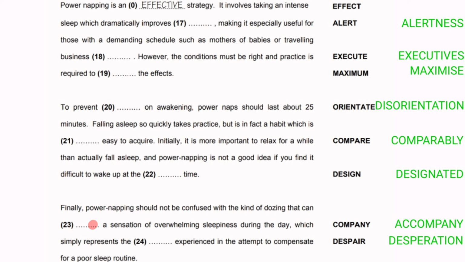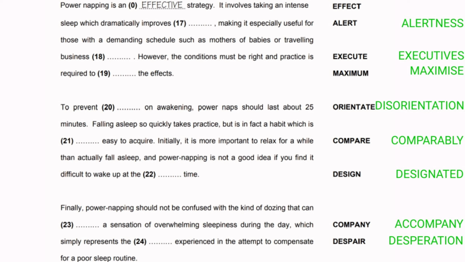Gap number 23 fairly obviously has to be a verb, dozing that can accompany a sensation. It's a modal verb that's going to modify a verb, so that can accompany a sensation of overwhelming sleepiness. Yeah, I don't think there's any doubts there.